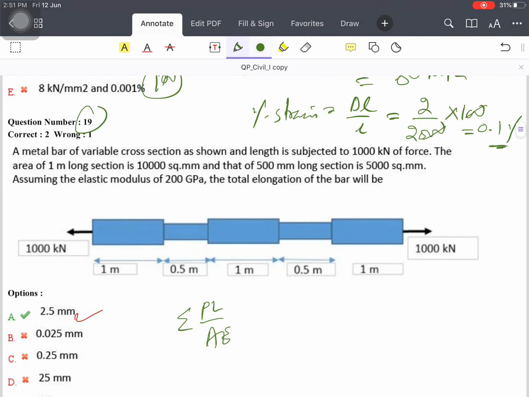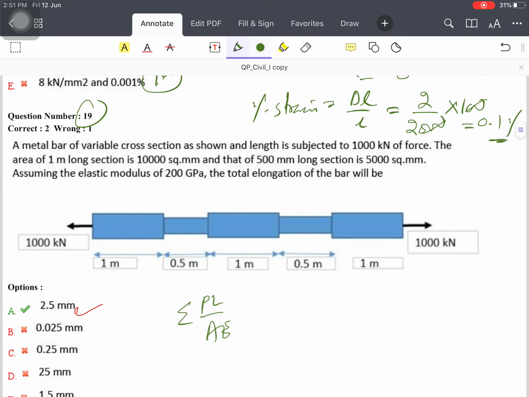Question 19. A metal bar of variable cross section as shown and length is subjected to 1000 kilonewton of force. The area of the 1 meter long section is 10,000 square mm and that of the 500 mm long section is 5000 square mm.